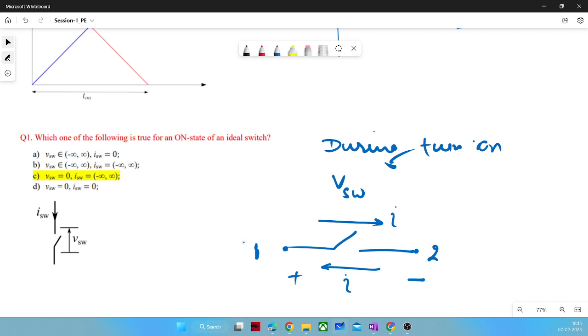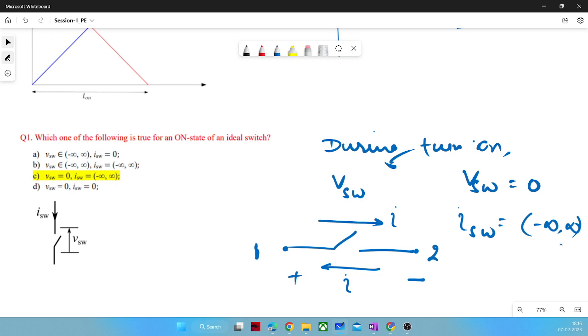So what I was saying is that any ideal switch is expected to conduct in both directions, and during that period the voltage across the switch should be ideal, right? During turn on, the voltage across the switch is considered ideal, and the current through the switch should have the capability to flow from minus infinity to infinity.